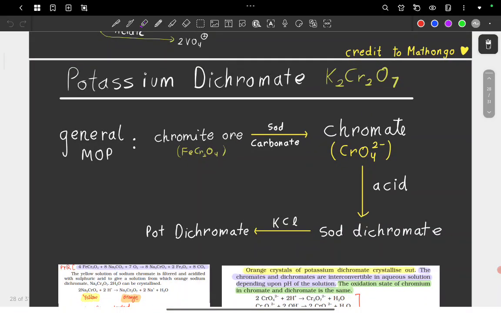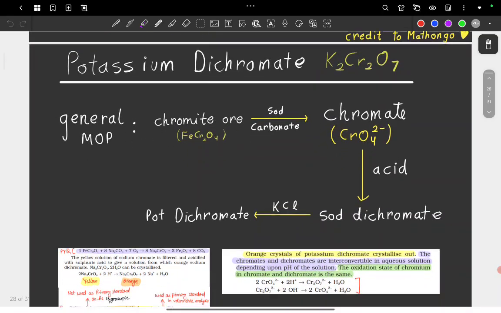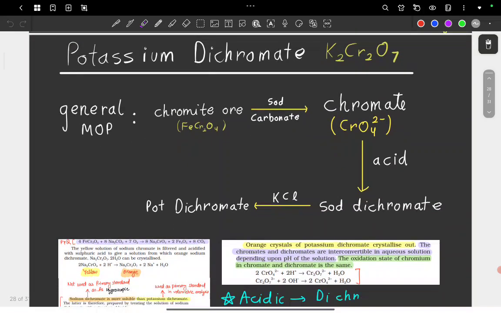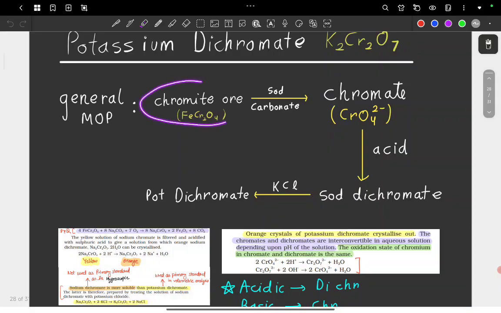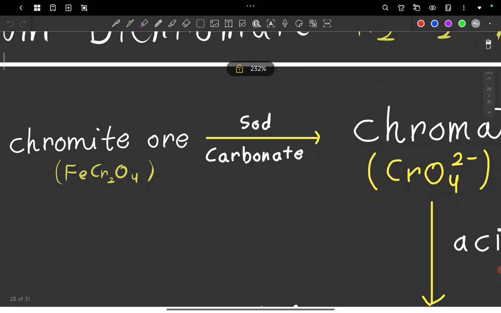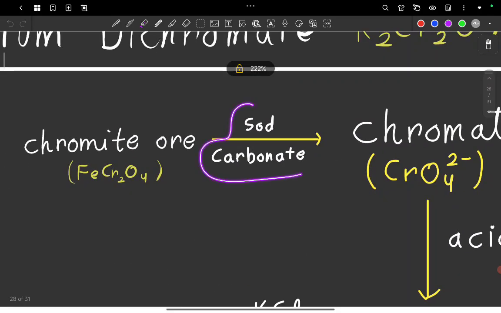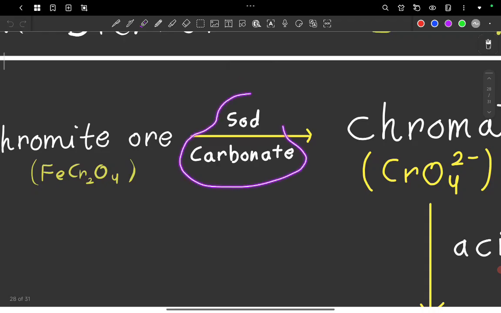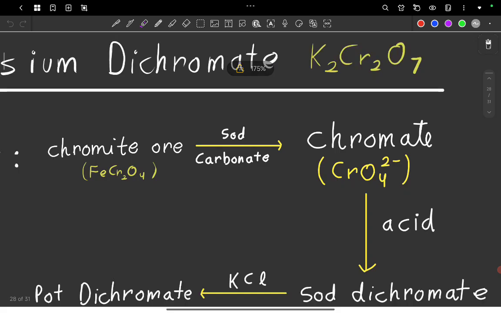Now you need to know the methods of preparation of potassium dichromate. Luckily, there is just one. You have to start with the chromite ore, which is basically FeCr2O4. You start with this and you react it with sodium carbonate. You remember in salt analysis we studied something called sodium carbonate extract, because these guys can cause displacement reactions and make something which is suitable for testing.